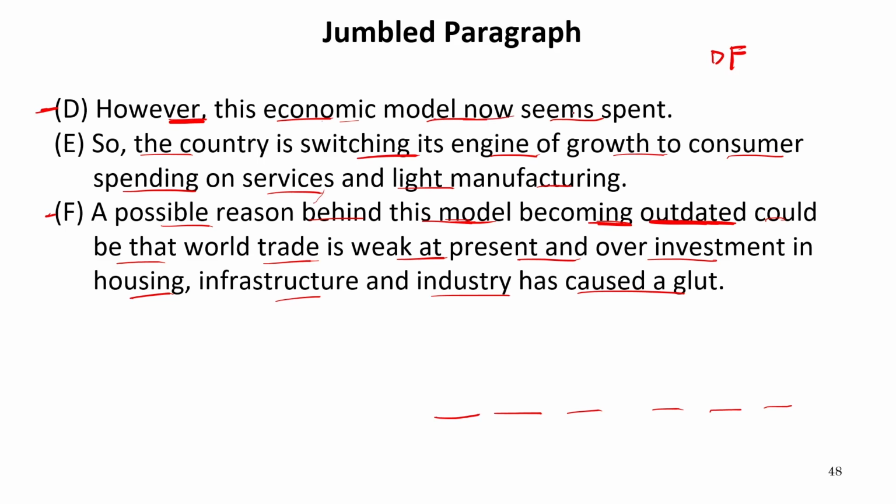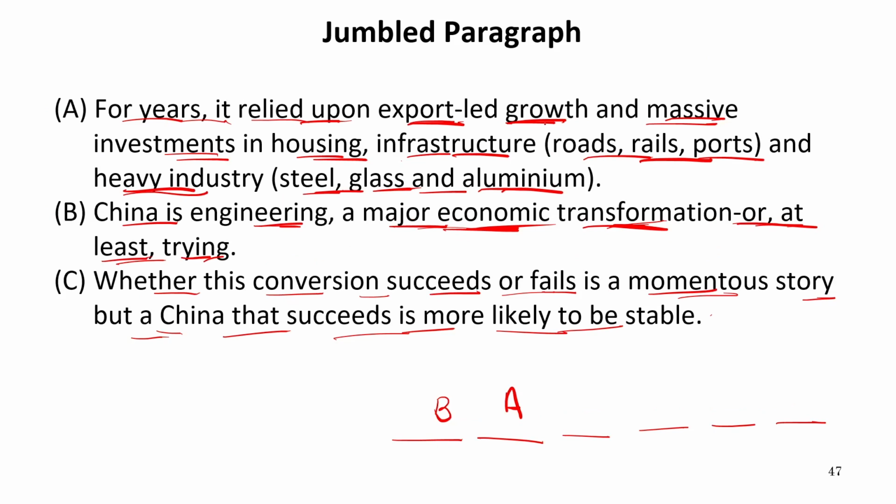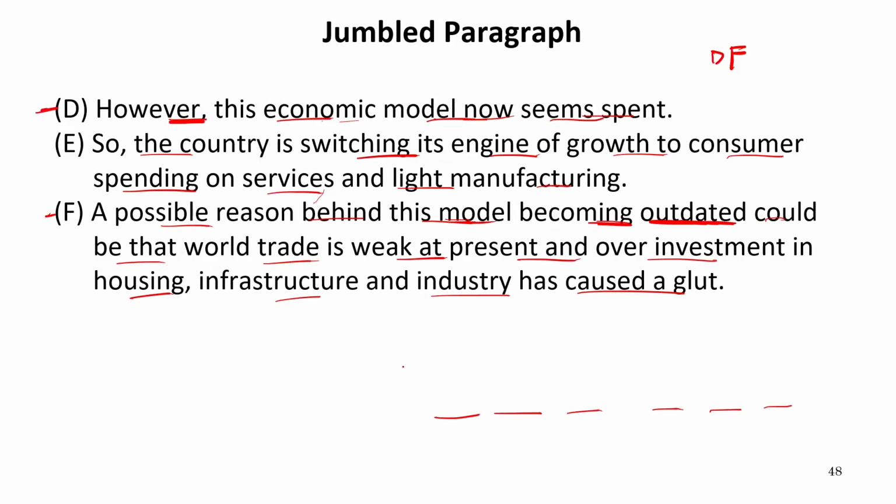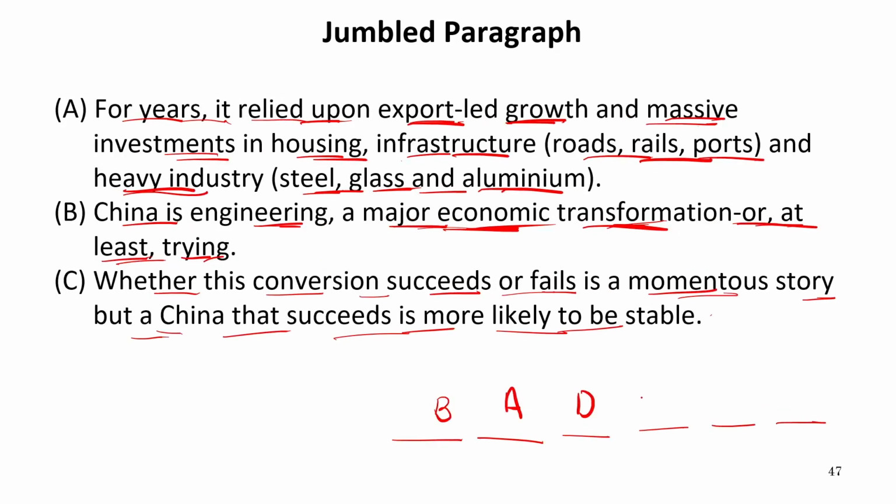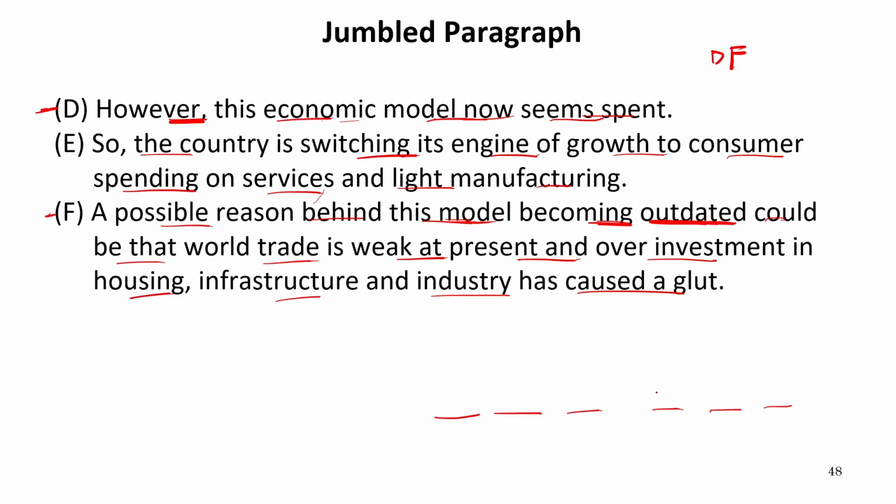However, this economic model now seems spent. It means what they were doing, like export-led growth and massive investment, has failed. So, after A, there should be D. And after D, we know well that F will follow. Now let us take the E sentence. So the country is switching its engine of growth to consumer spending on services and light manufacturing.